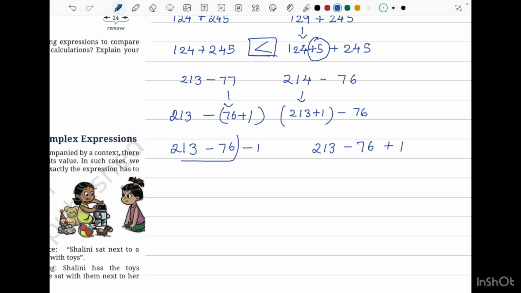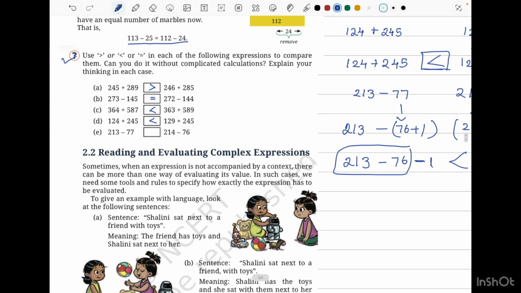So these two terms are equal. Here is minus 1 and here is plus 1. So plus 1 is greater. So the expression will be less than.